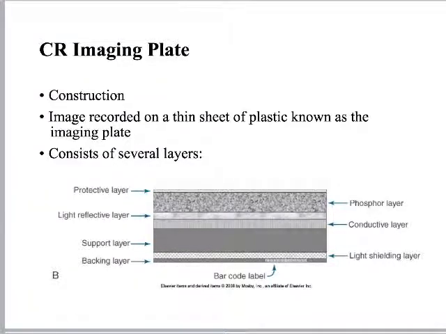Those are all kind of like the structure to it, the backbone. They're not as important. They're just there to kind of hold the thing together, right? So what I'm saying is everything from support layer, light shield, and backing layer, that's really just there to hold it together. And you'll notice the very last thing is that barcode layer, or barcode label.